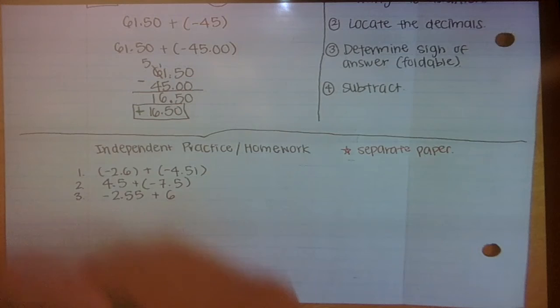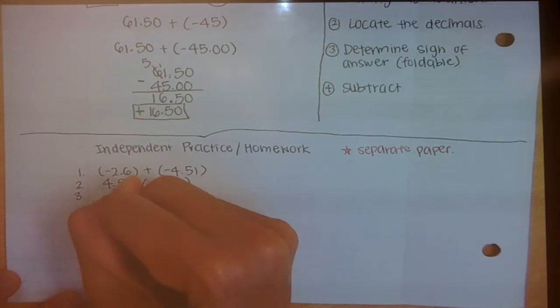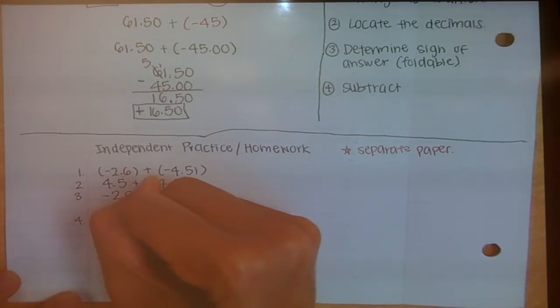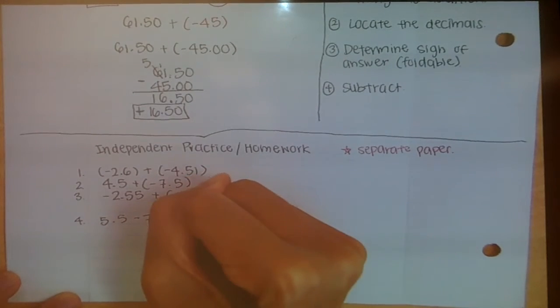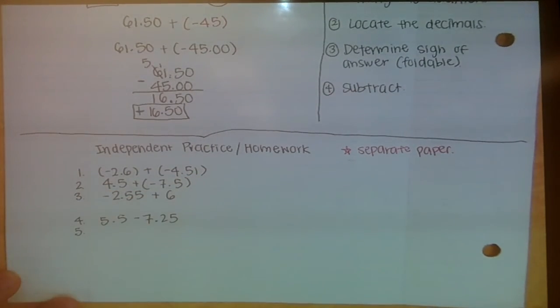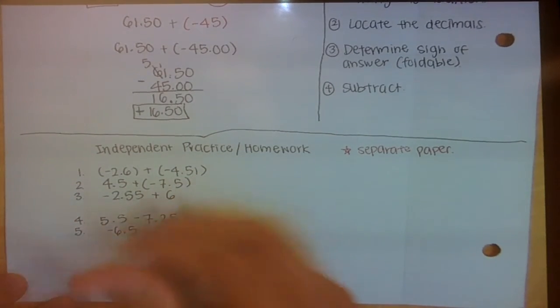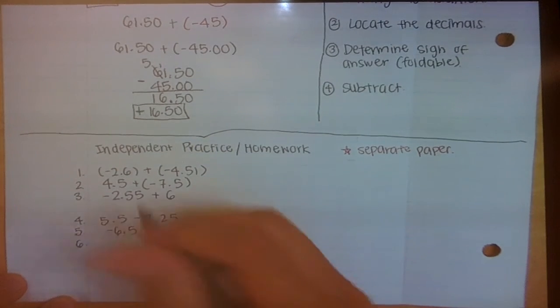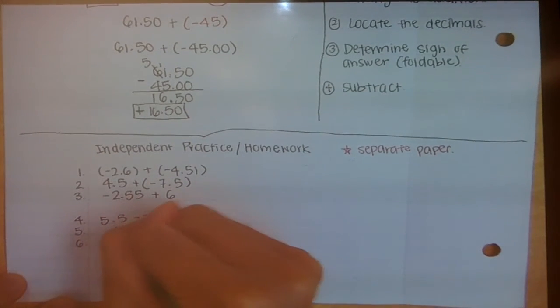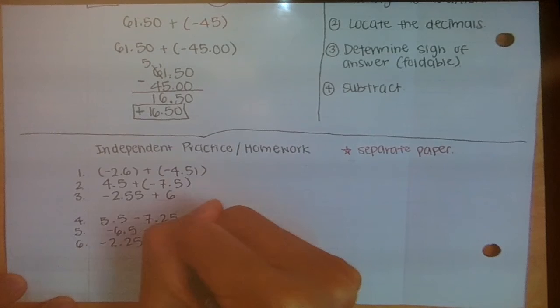And now we'll try some subtraction. 5.5 minus 7.25. Negative 6.5 minus 2. And the last one, negative 2.25 minus a negative 5.